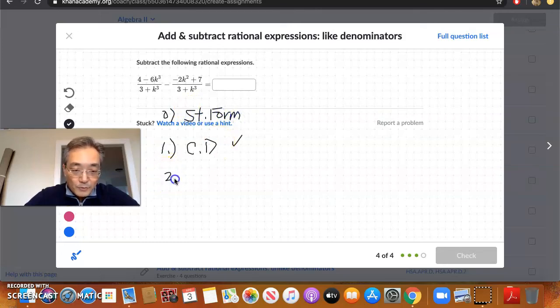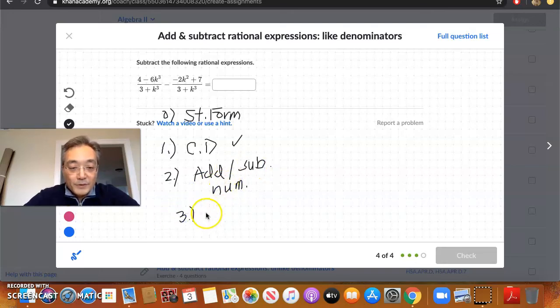Then step 2, now you can add or subtract the numerators. And then step 3 is you can factor and cancel. But in this case, we're not doing this.